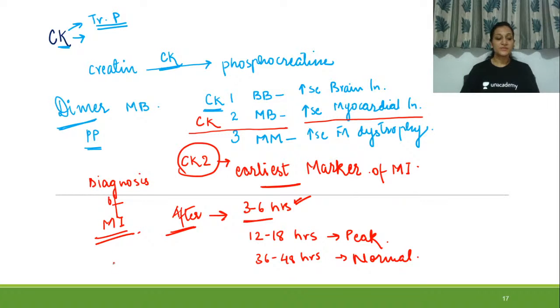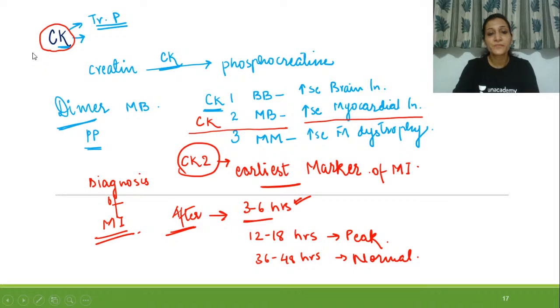So remember this thing. We have discussed CK, creatine phosphokinase, and it transfers the phosphate group to creatine, converting creatine into phosphocreatine.